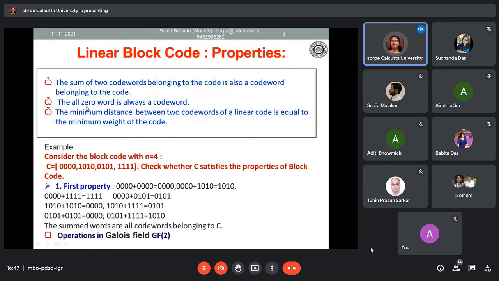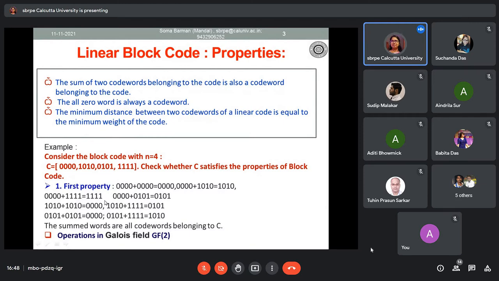Now check the second property: the all-zero word is always a code word. Yes, the first code word is all zero, so it is also within C, isn't it? So these two properties are satisfied.